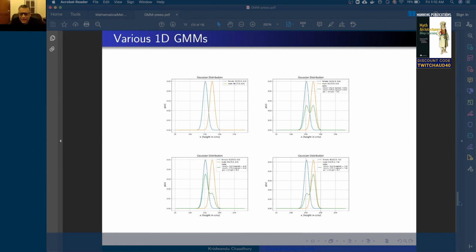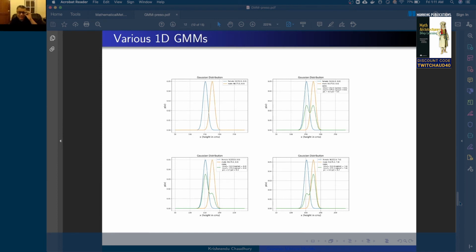Here I have shown various one-dimensional Gaussian mixture models. The top left figure shows the 2 component Gaussians. They are in fact identical to the probability of height distributions of male and female Stadtsville residents for our problem 1.